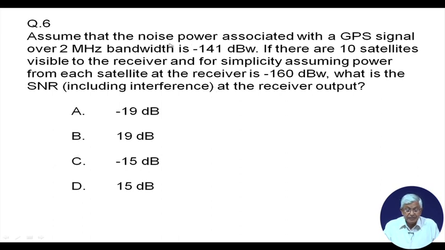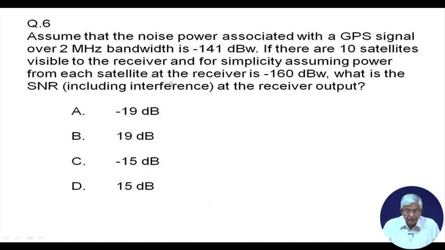GPS signal we are receiving with a 2 megahertz bandwidth, and there are 10 satellites. So, the required satellite is giving minus 141 dBW power at the receiver, and there are 9 other satellites.